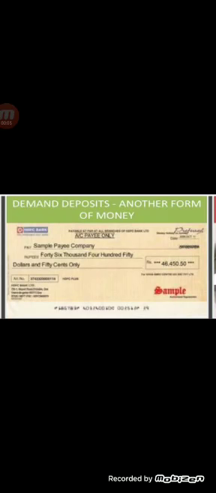In this form, people deposit money in the banks. Banks accept the deposits and also pay an amount as interest on the deposits. Since the deposits in the bank accounts can be withdrawn on demand, that's why these deposits are called demand deposits.